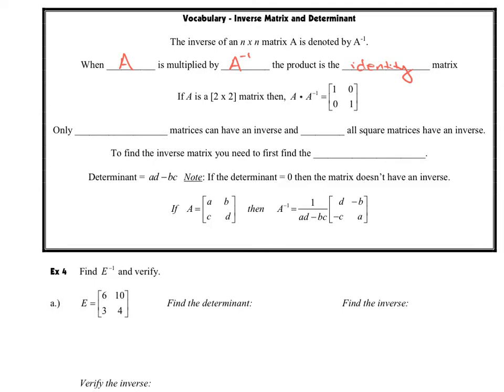So what we also want to understand when we're thinking about our inverses is that only a square matrix can have an inverse. However, not all of our square matrices will actually have an inverse. So it has to be a square matrix, but that doesn't guarantee that there will actually be an inverse that you could use. So to actually find the inverse matrix, we need to understand the determinant.